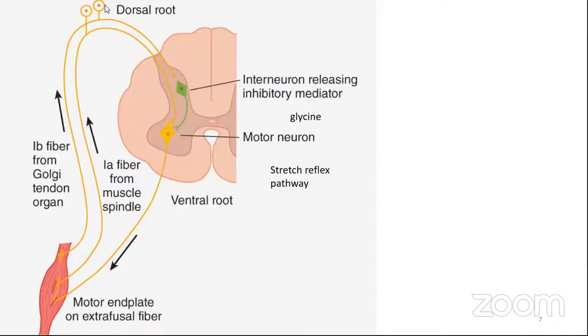It will synapse with the alpha motor neurons present in the anterior horn cell, which supply the extrafusal muscle fibers. So there is an inhibitory interneuron, so it produces relaxation of the muscle. So this is the inverse stretch reflex pathway.